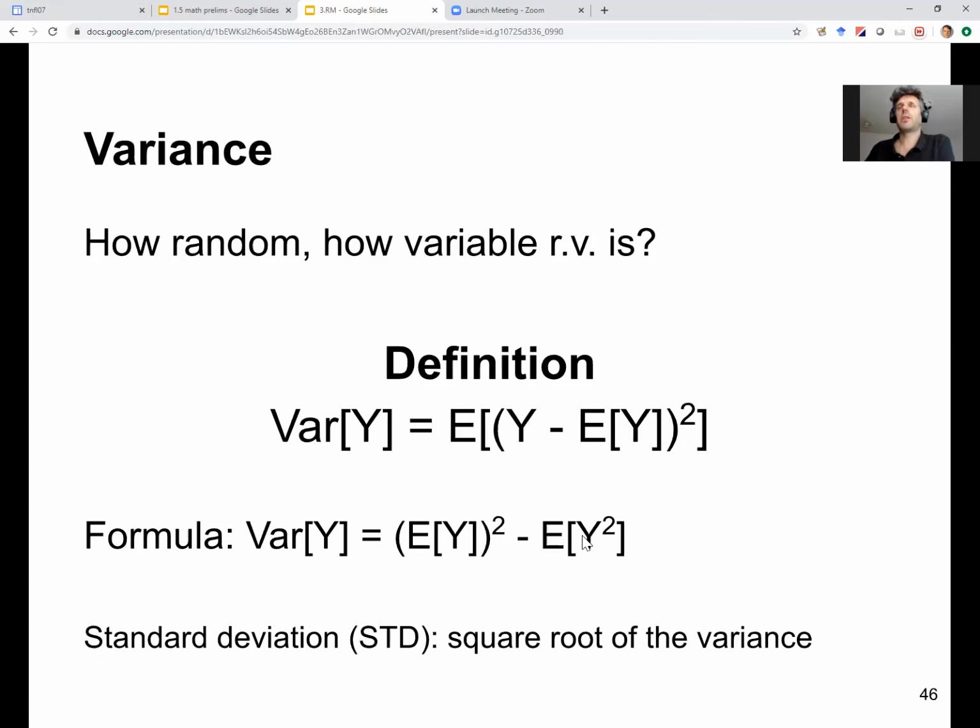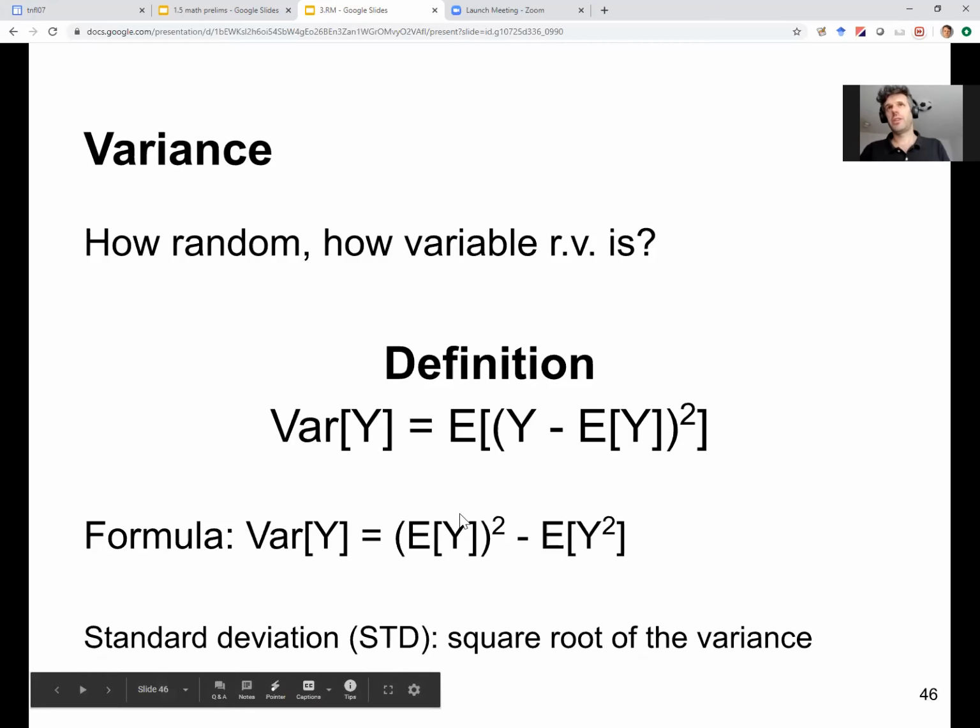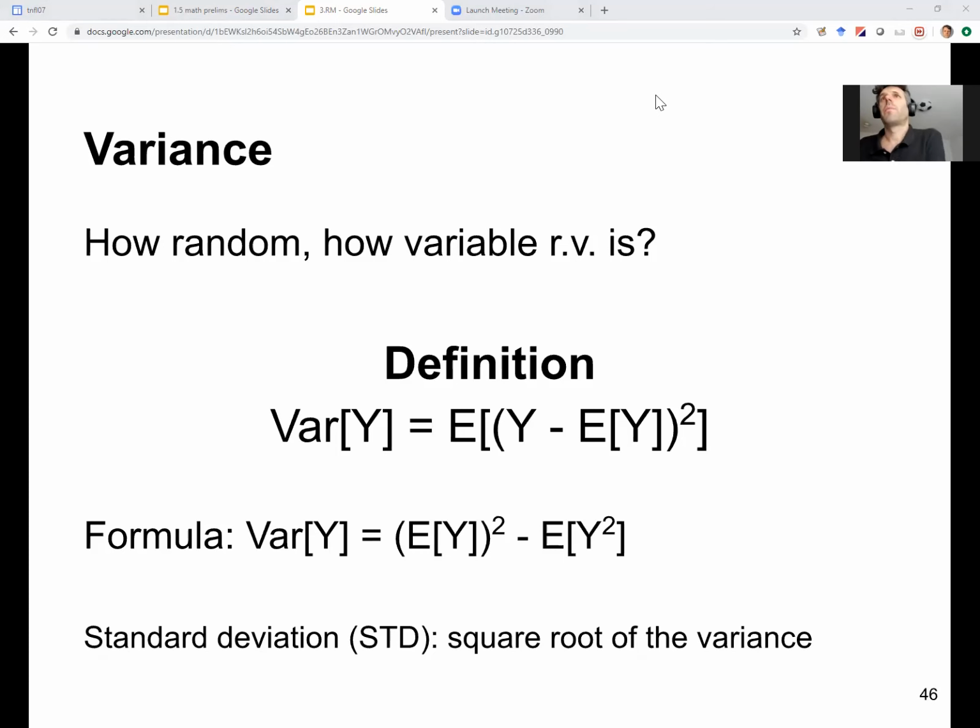And one last but not least thing is the variance of the random variable. So how random this variable is, how much it varies. By definition, the variance of the random variable is the expected value of the random variable minus its expected value, squared.